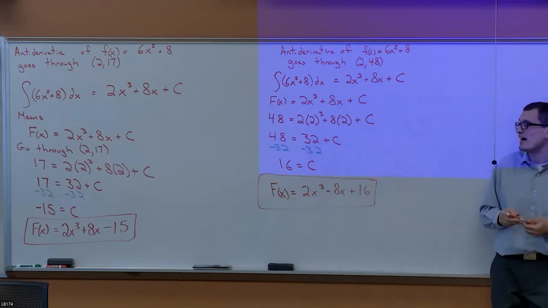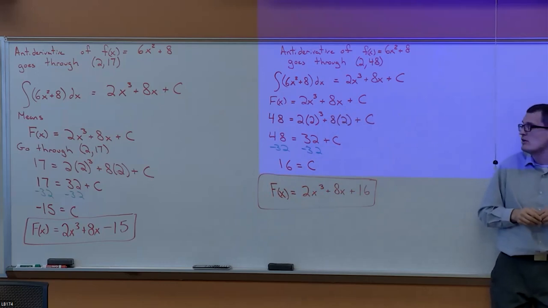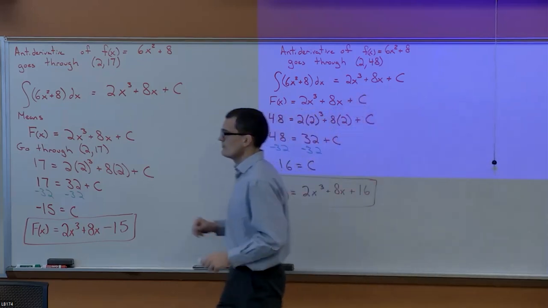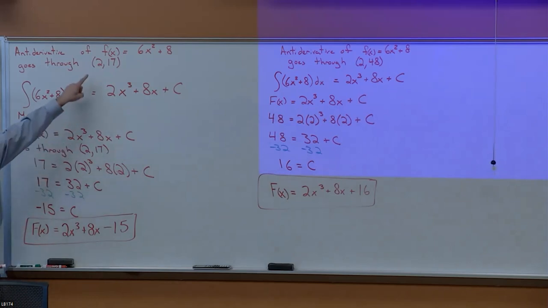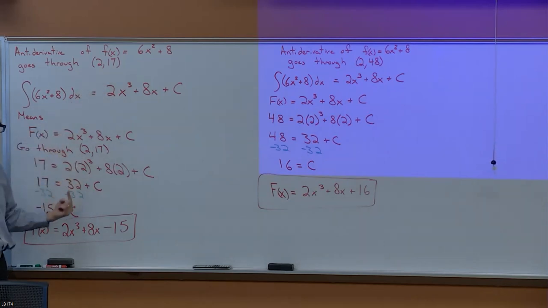So if you do want to find a particular antiderivative, you can do that by figuring out what you get for the indefinite integral. And then if you have another piece of information, like a point that it goes through, you can use that point to find which constant we need.